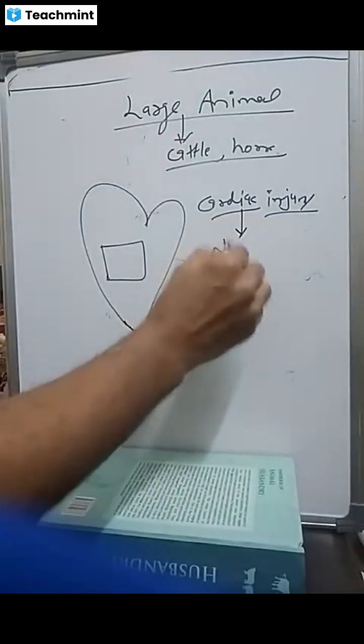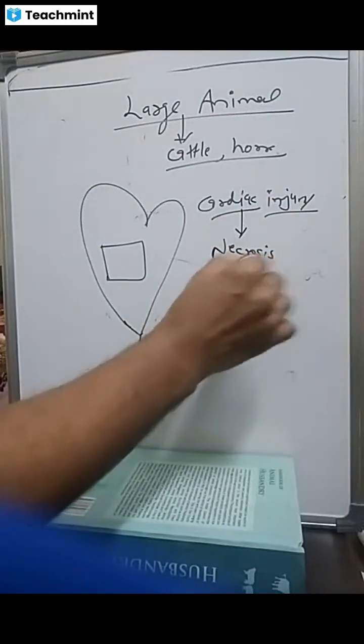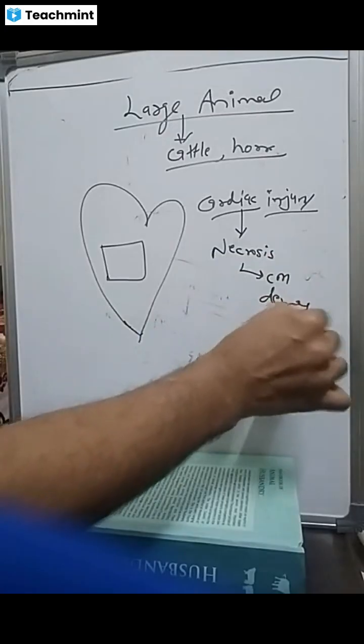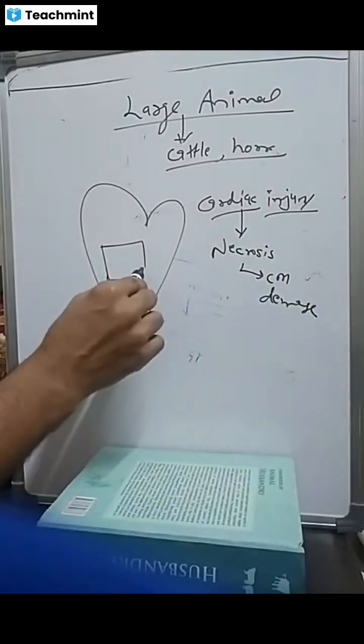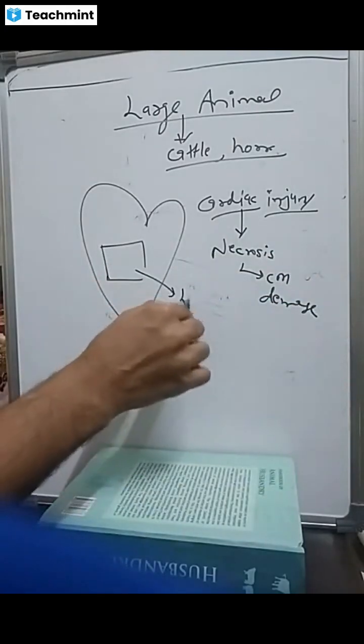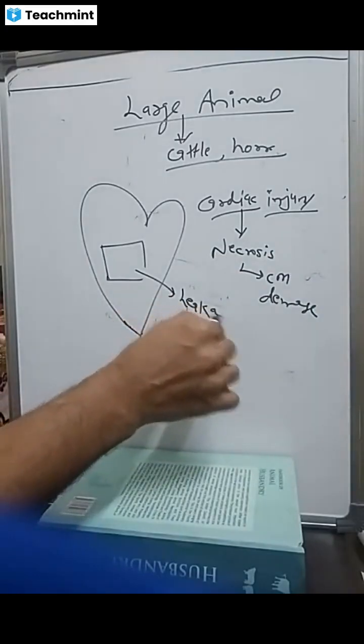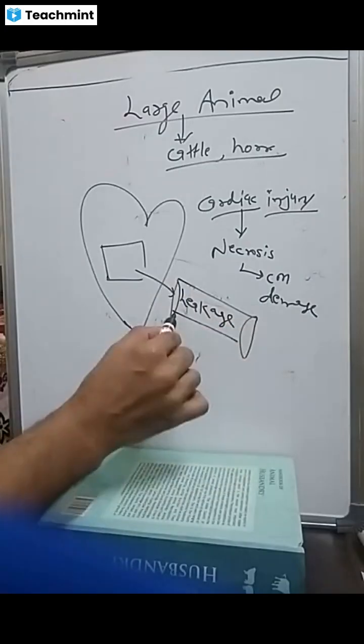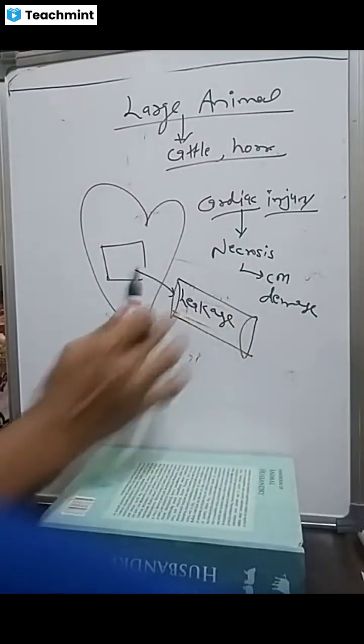There is necrosis, that is, cell membrane damage occurs, that may lead to leakage of the important biomarker in the blood.